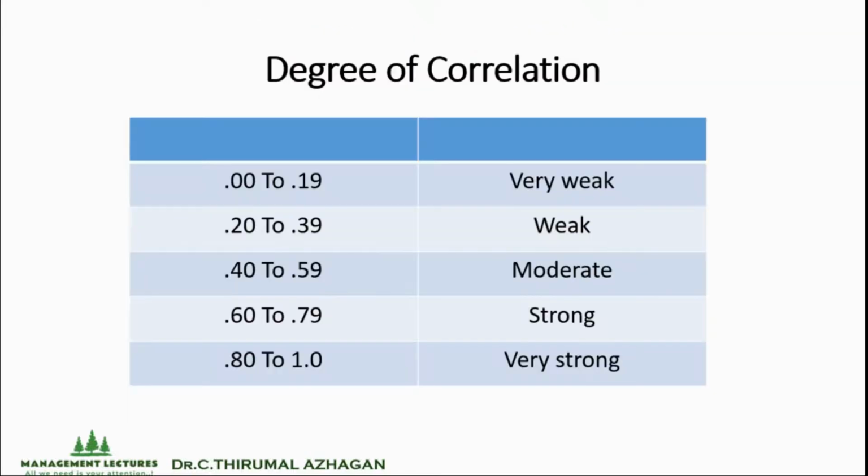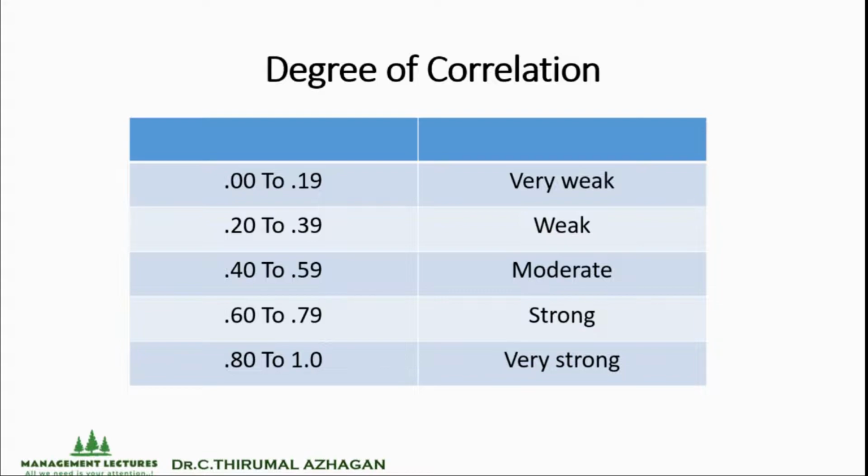And here I have the degree of correlation. We calculate the results. If the value lies between 0.00 to 0.19, we can confirm the correlation is very weak. If it lies between 0.20 to 0.39, it is considered weak.